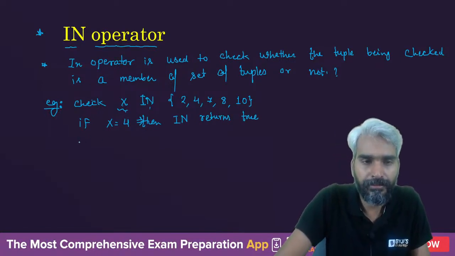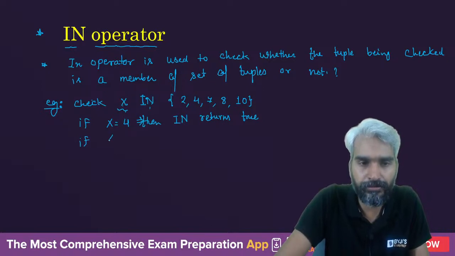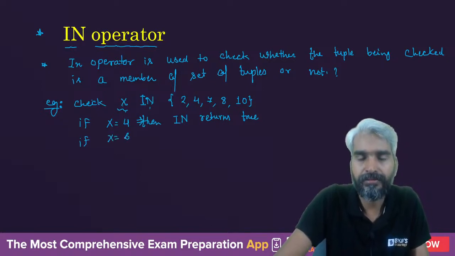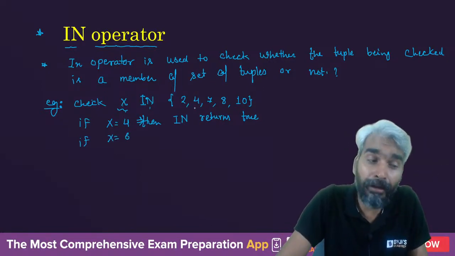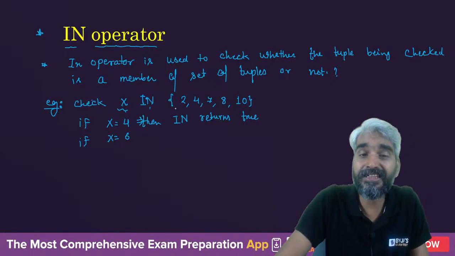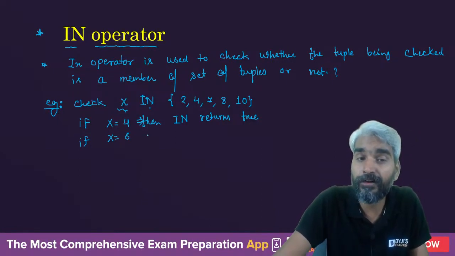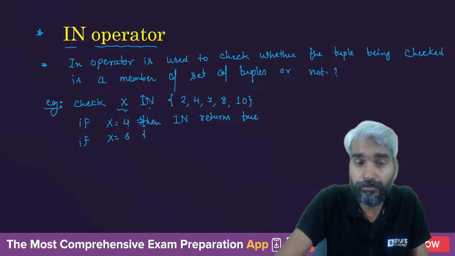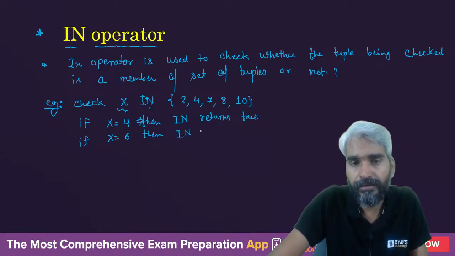Right? If let's assume x equals to 6. So is 6 a member of this set of tuple? No sir, 6 is not a member of this set of tuples. Therefore, if x equals to 6, then in returns false.